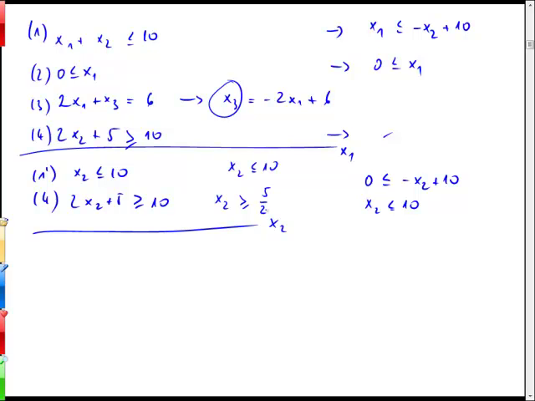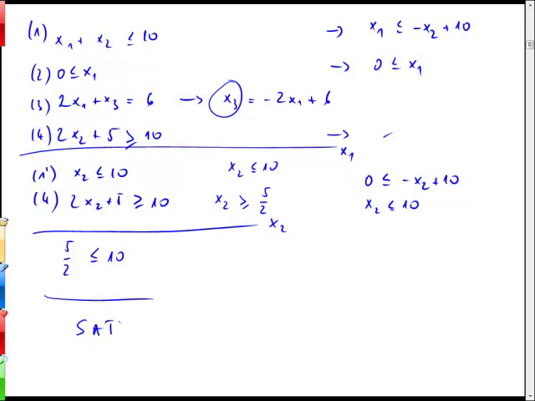So I have again a lower and an upper bound, and what I get after eliminating x2, adding the combination of each lower and upper bound, is that 5/2 is less or equal 10, which is true. That means I find that it's satisfiable.